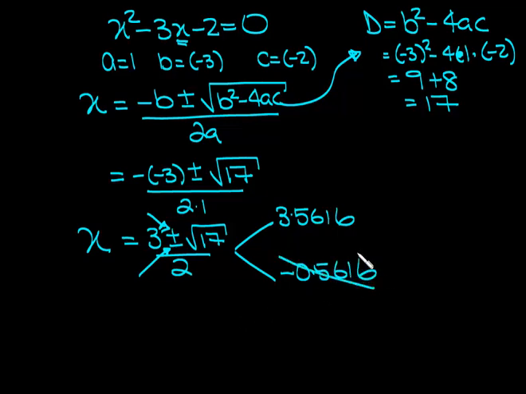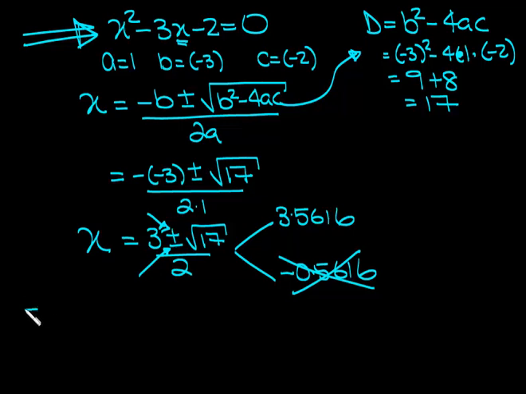We can disregard this answer, because in the context of this problem, that answer makes no sense. But if I was solving this equation that is not associated with a word problem, then both those answers are good. It's just that because this equation belongs to the word problem, and the word problem tells us that x is time, it cannot be negative, so we can disregard that.